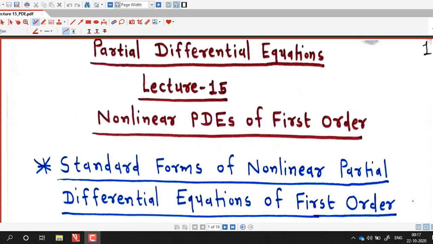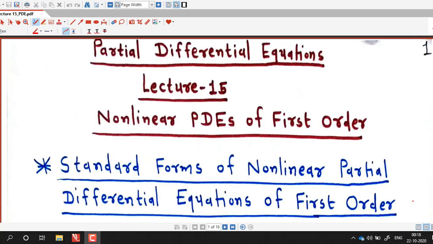So to overcome that difficulty, we have some standard forms of first order nonlinear partial differential equations. If our partial differential equation of first order is in some particular form, then we have some shortcut methods to solve it, or to find the complete integral of that type of standard forms.